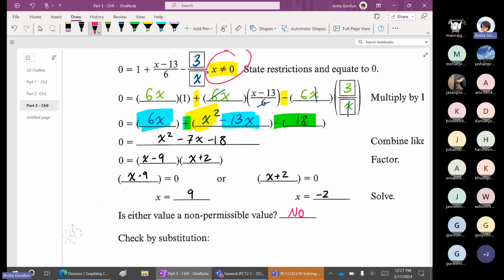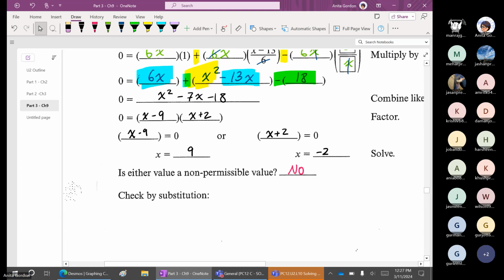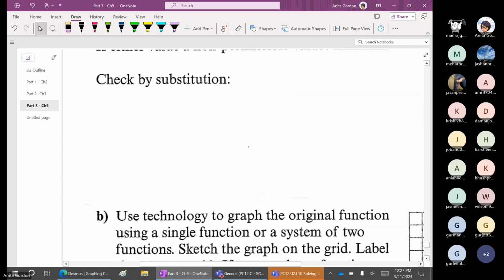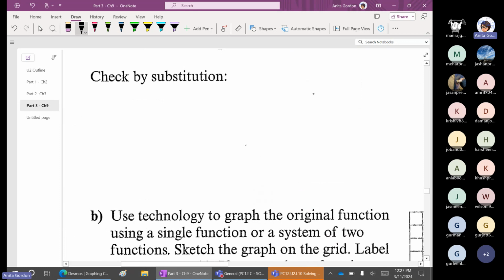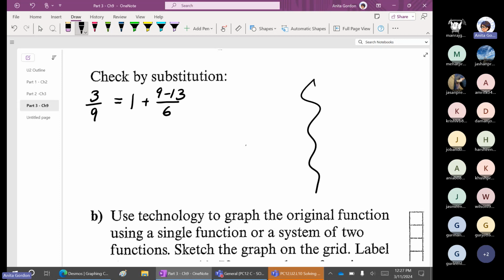Now we check by substitution. I'm going to split my screen here. So 3 over 9 should equal 1 plus 9 minus 13 over 6. And you can, of course, use your calculators here. I don't have one on my screen right now, so I'm just going to do this.